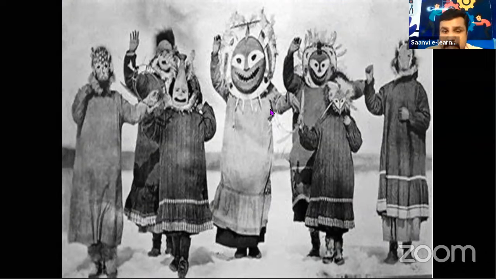Now you can see in this picture how they worship God. Sometimes you can see in your villages also, we may use a mask to worship God or nature, especially tribal people. In your previous classes, you may have learned about this, tribes and how they worship God. They may dress up as that particular God.